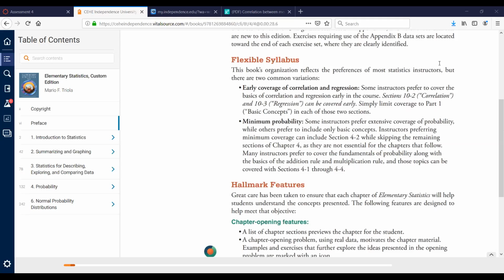But there are things that are causative. And causation is a totally different issue. And there we can correlate, for instance, certain behavioral aspects, such as drunken driving with automobile accidents.